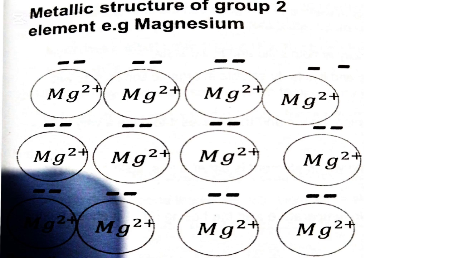These electrons are not stationed in one place. They are able to move within the metallic lattice freely. So that attraction between the positive centers, or nuclei, and the sea of electrons is so tight that it is not easily broken, and it constitutes the metallic bond.